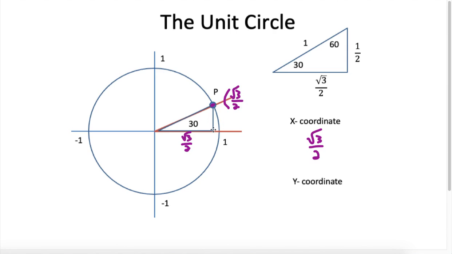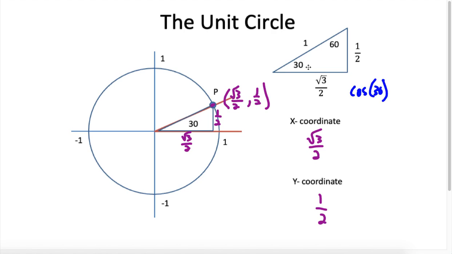Then for the y coordinate, if this y distance of this right triangle is 1/2, the y coordinate of that point is 1/2. Now, the reason that this is significant is because if I think about trig functions of this right triangle, like sine and cosine of 30 degrees, let's start with cosine.